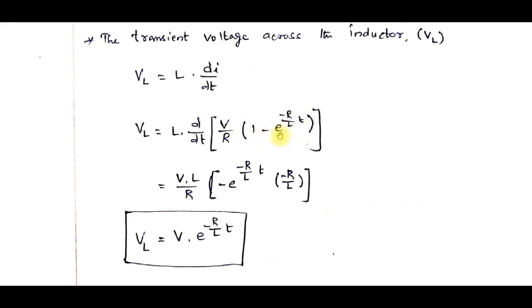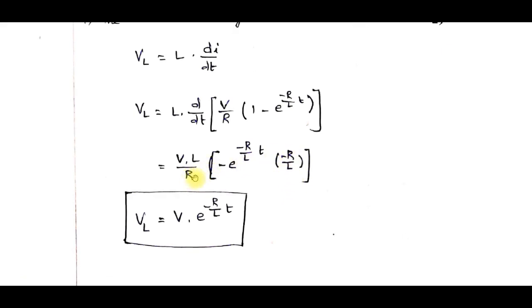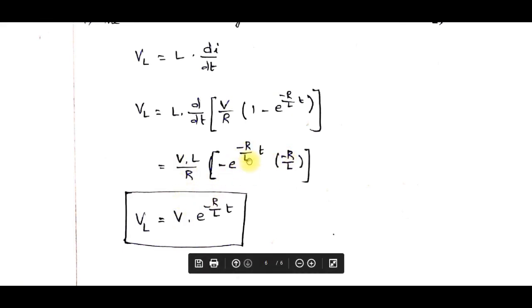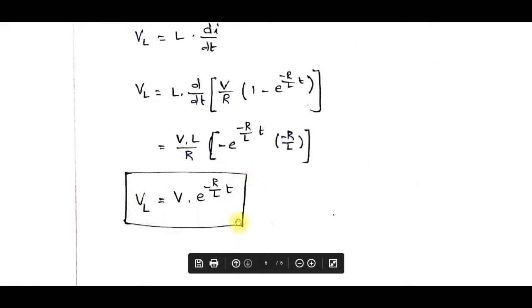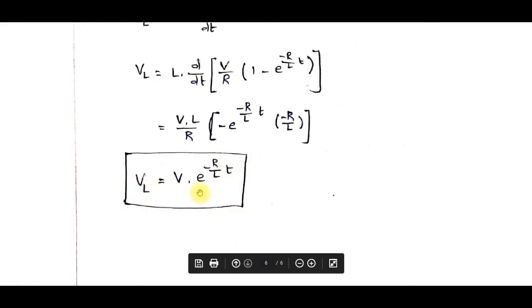Then differentiation of e power t is e power t, so e power minus R by L into t. Then differentiate minus R by L into t, and we will have minus R by L. So R into R cancels, L into L cancels, minus into minus is plus. So V into e power minus R by L into t. So this is the transient voltage across the inductor.